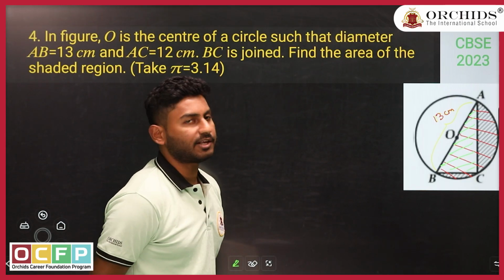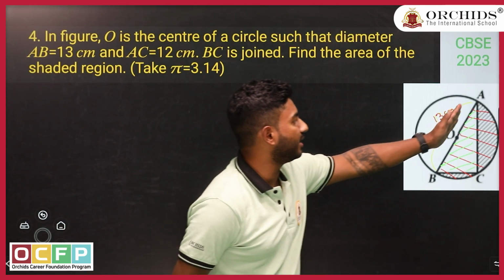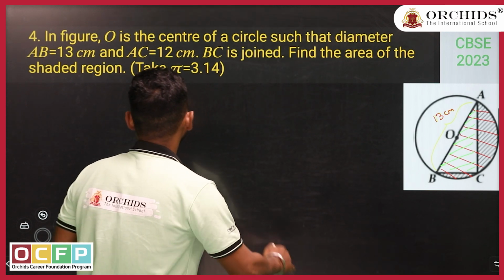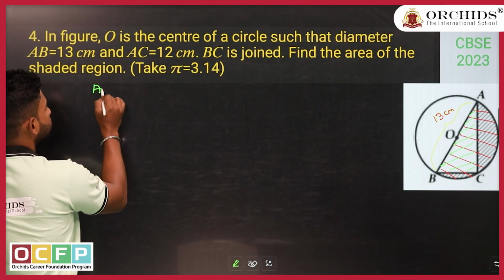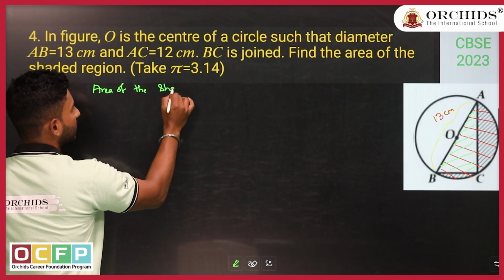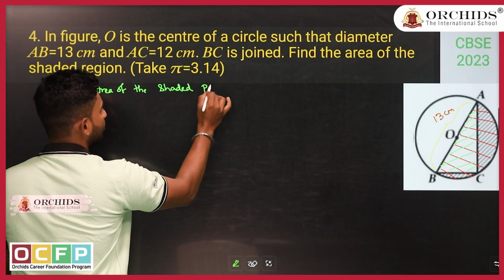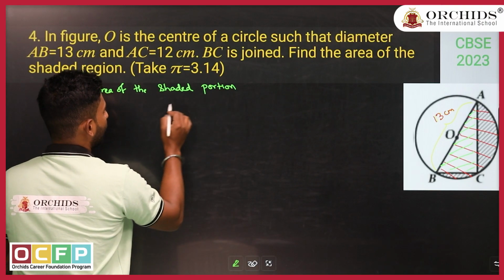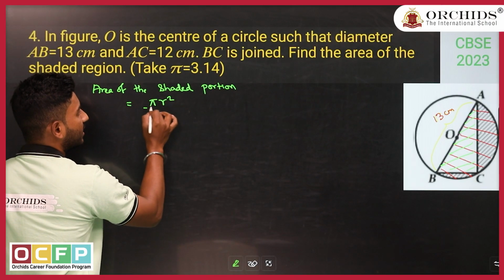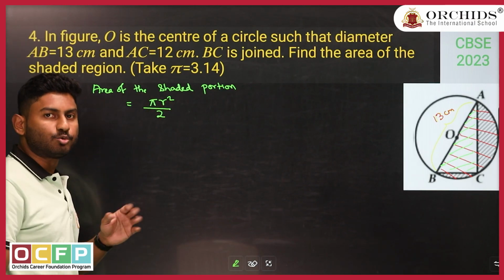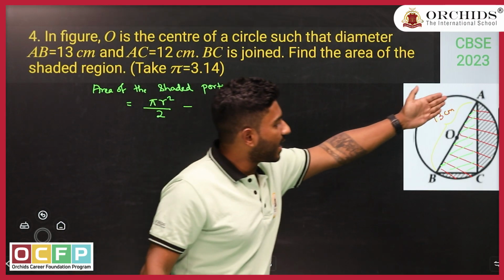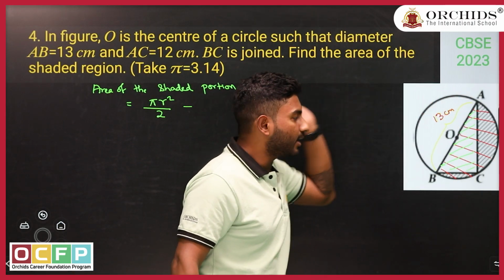Am I getting the area of this red color, the remaining portion, that is the shaded portion? Yes. So to find the area of the shaded portion, we just have to find the area of the semicircle, which is pi r square by 2. From there, I have to subtract the area of this triangle.